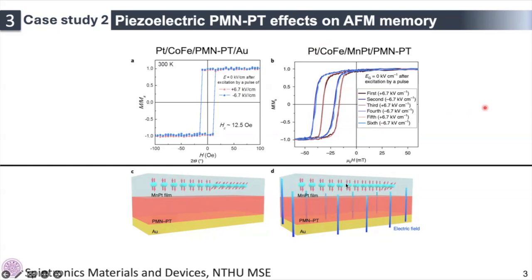And this helps to enhance the exchange coupling between the copper iron and the manganese platinum. So in other words, the strain rotates the antiferromagnetic spin axis of 101 oriented grains in the textured manganese platinum films, leading to the enhanced exchange coupling with copper iron and to have the low resistance state.